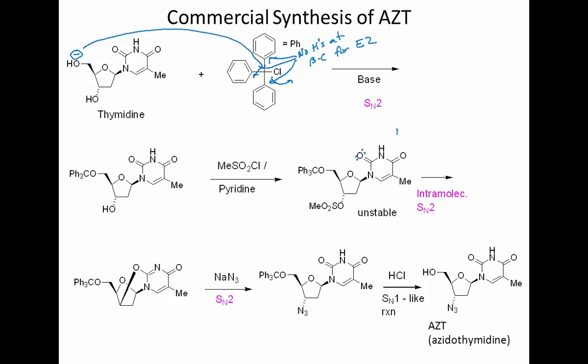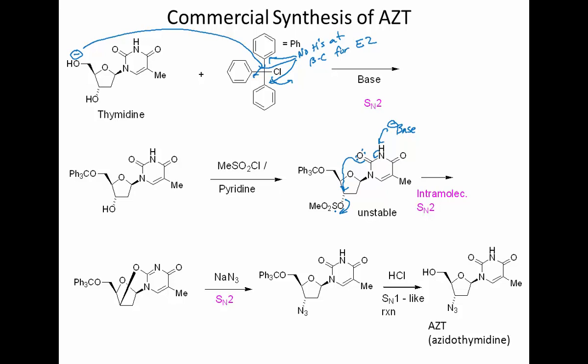Okay, so what's going to happen is a base is going to pull this acidic proton off. Okay, it doesn't take much of a base to do that. And then an intramolecular SN2 occurs to make the bicyclic, or actually technically tricyclic, compound that you see as the next step of the reaction.